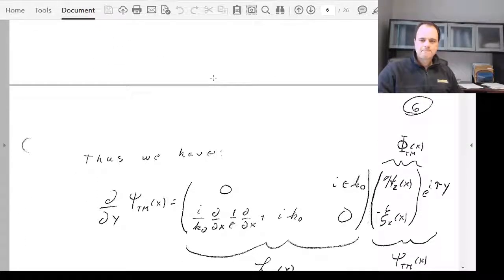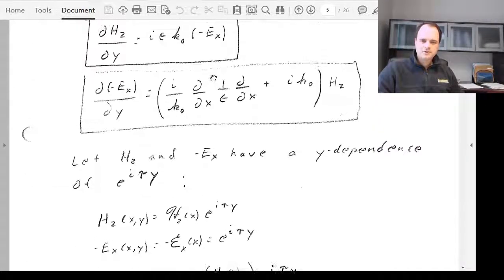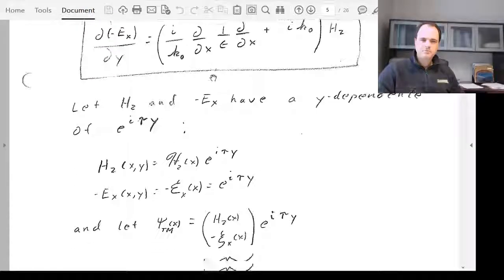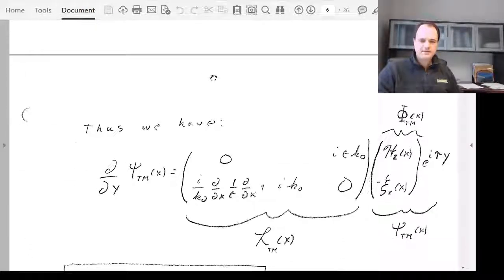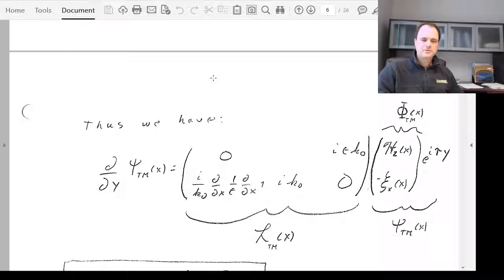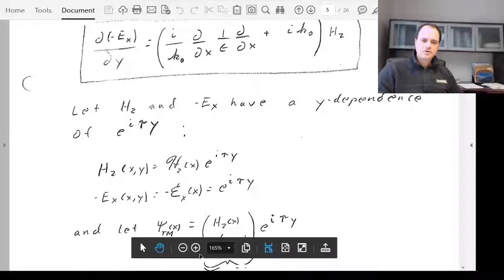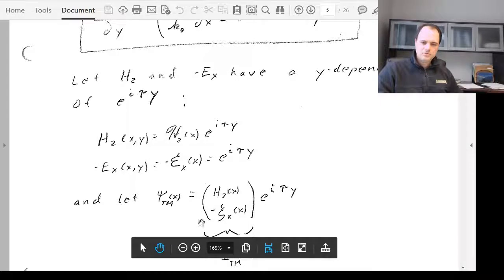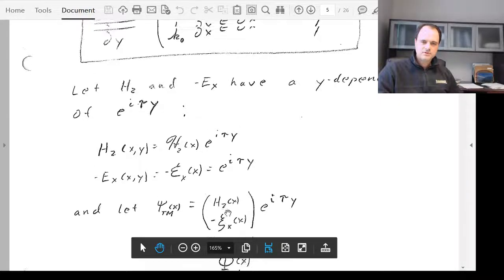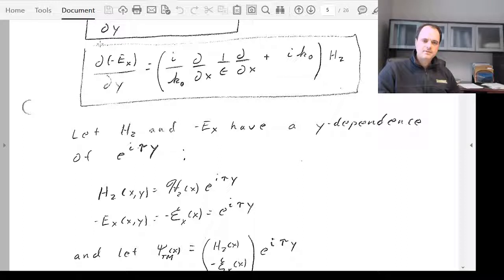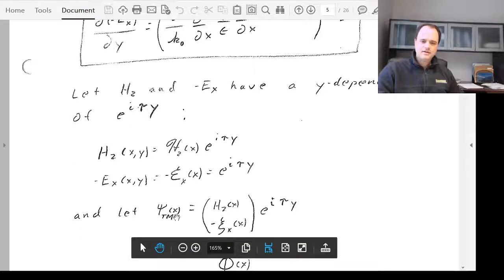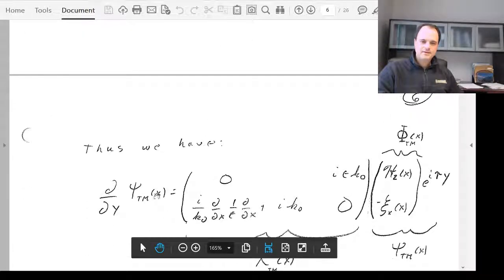But if we were to do that, we could write a big matrix relation, a calculus-based matrix relation, where on this side here we have partial derivative with y, partial derivative with x. So if we have a two-row column matrix of these two things here, this left-hand side is the partial with respect to y of this. And that's what we have right here.